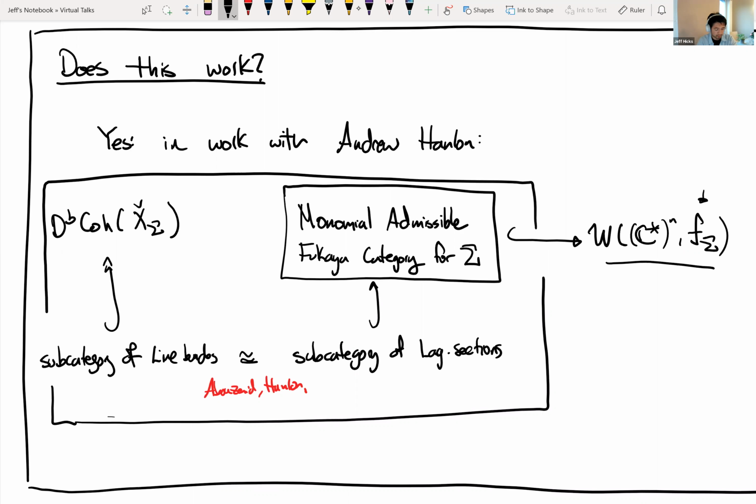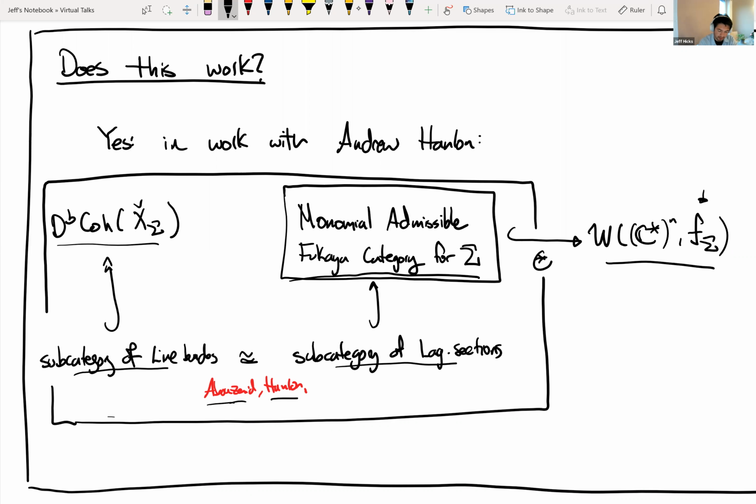So on the previous slide, I told you that there was a story about the subcategory of line bundles matching the subcategory of Lagrangian sections. That was worked on in Abouzaid's thesis and by Andrew Hanlon. Both of these subcategories inject into the derived category of coherent sheaves, and in our setting, what is called the monomial admissible Fukaya category for sigma.